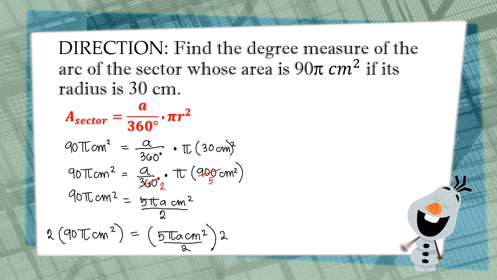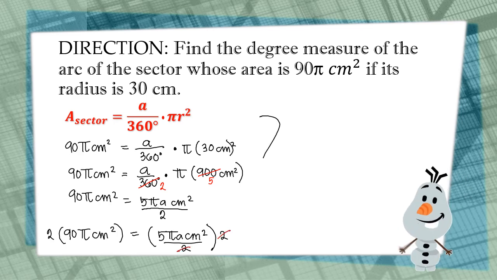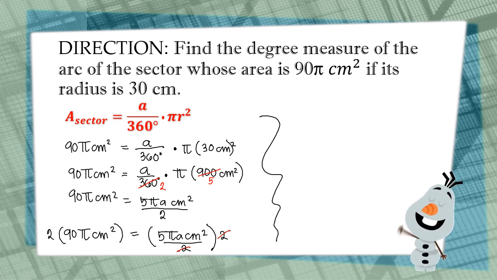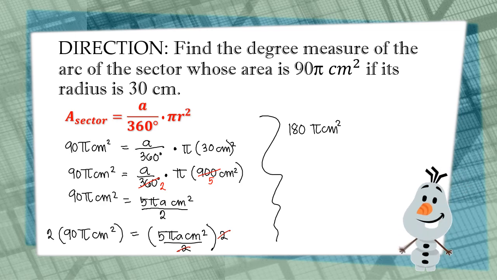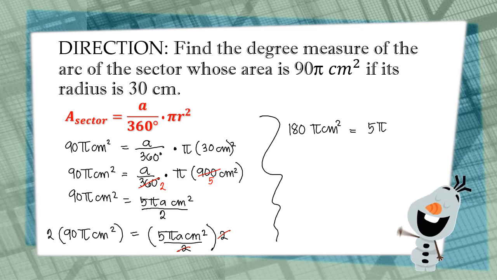That means we can cancel this out already, and therefore we would have 2 times 90 pi centimeters squared, so we can have 180 pi centimeters squared. Okay, next we have here 5 pi A centimeters squared.